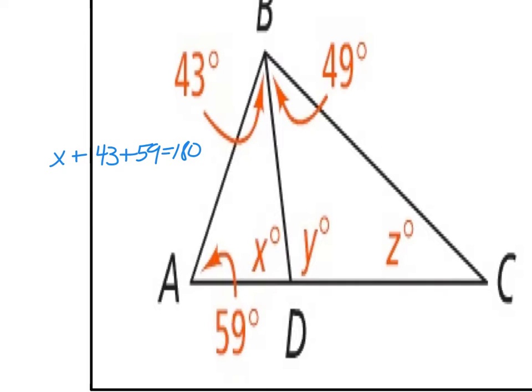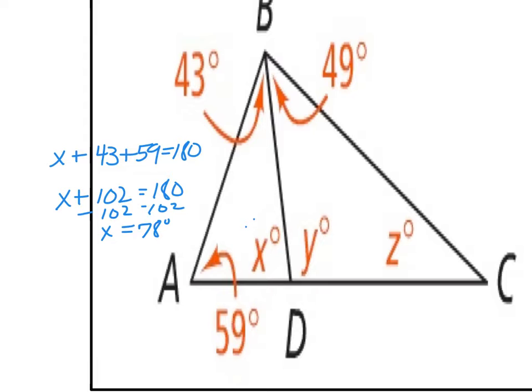So x plus 102 equals 180 degrees. If I subtract 102 from 180, x is going to equal 78 degrees.